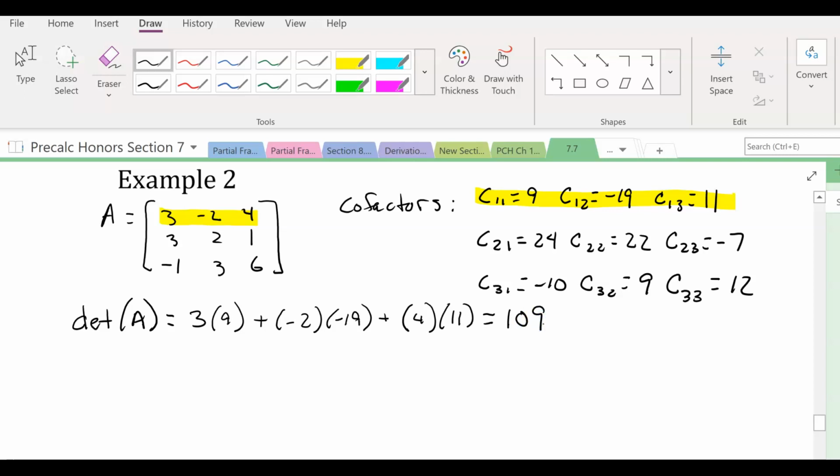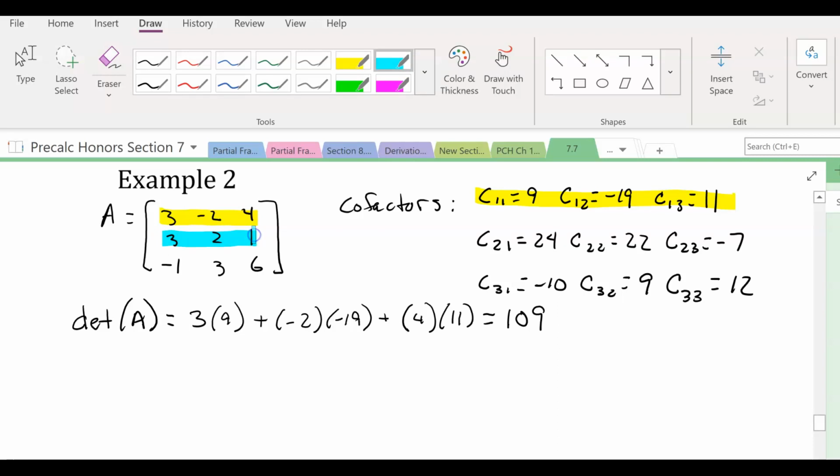So it does take a bit of work to find the determinant of a 3 by 3 matrix. You've got to find some cofactors, and then you'll multiply this out. So we did this with the first row, but this would also work for any other row.